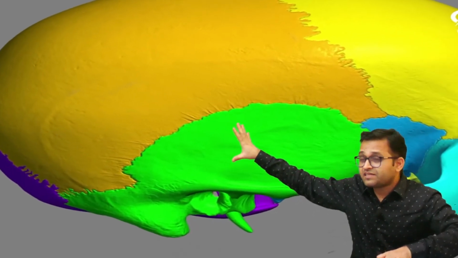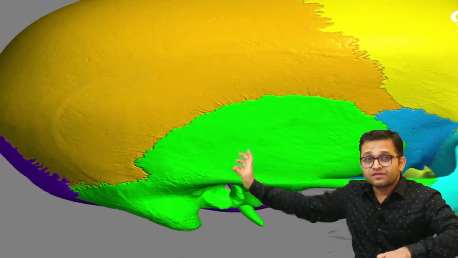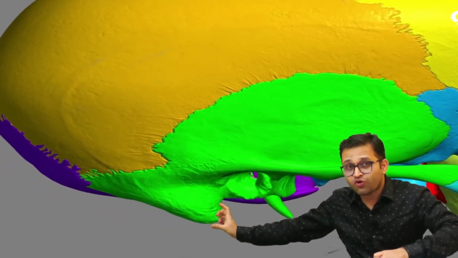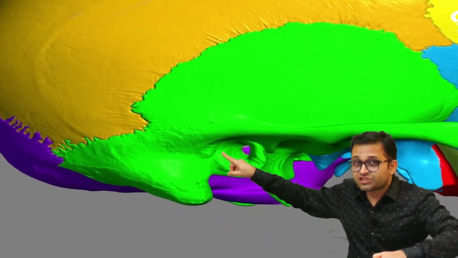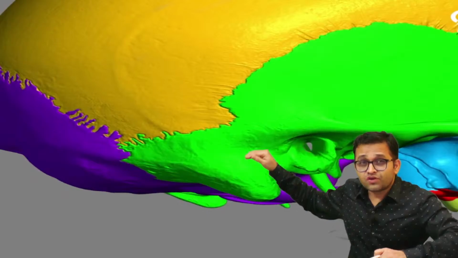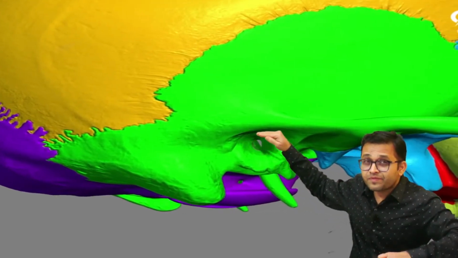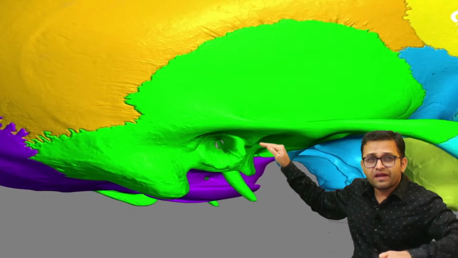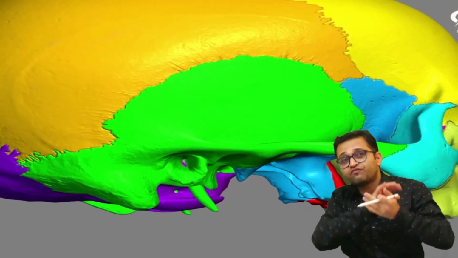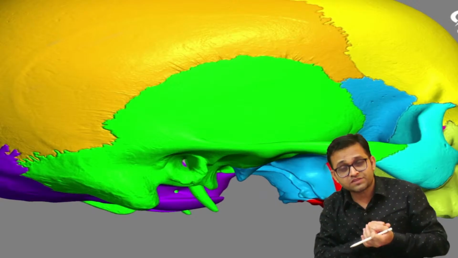The flat squamous part. Here you can see the mastoid part, mastoid process. This is the external auditory canal. The roof is formed by the tympanic plate of the temporal bone, and inside you will see the petrous part of the temporal bone. So these are the four parts.